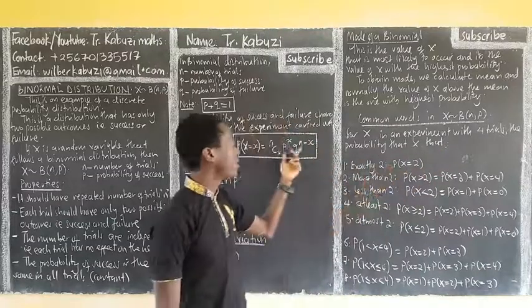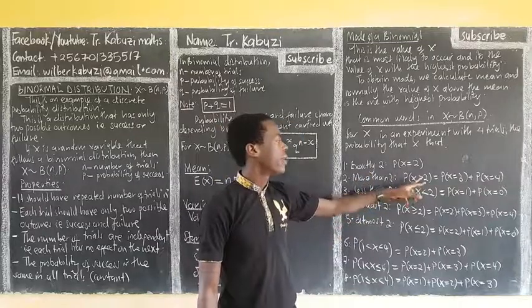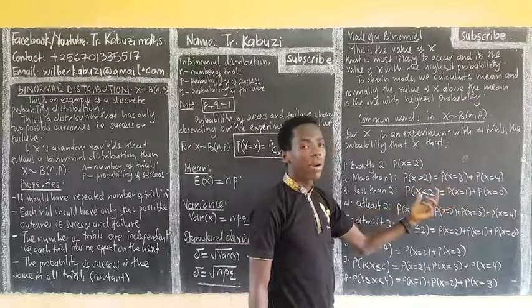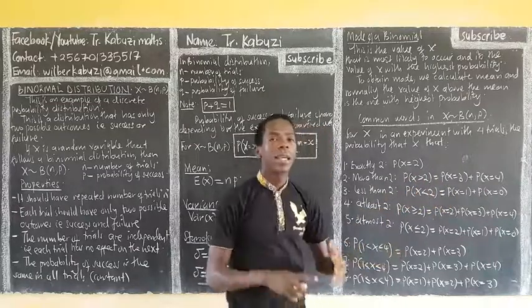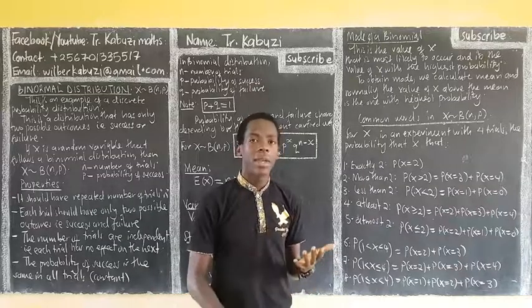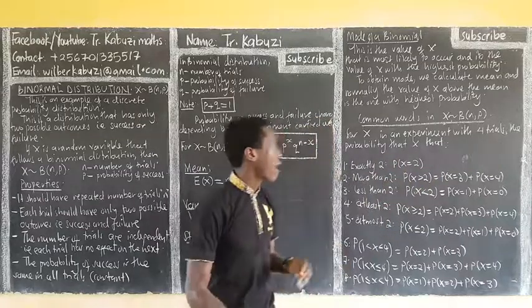This one we shall use the formula. More than 2, X greater than 2, means something above 2. Above 2, we are dealing with integers: there is 3, there is 4. Why are we stopping at 4? Because we had only 4 trials.